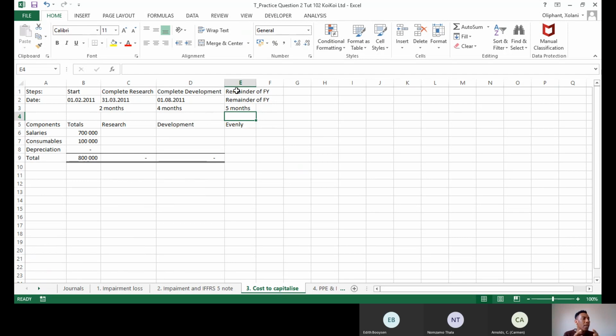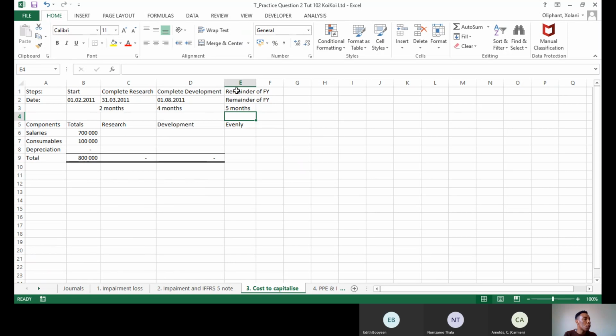But now these salaries were incurred in the research as well as in the development, and not before or after that. They started incurring these costs from the 1st of February up until the 1st of August 2011, not after. After, they didn't incur these costs because this project was completed. We already have a complete unit now.